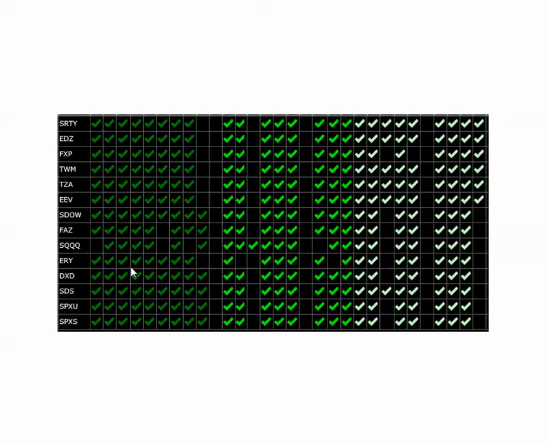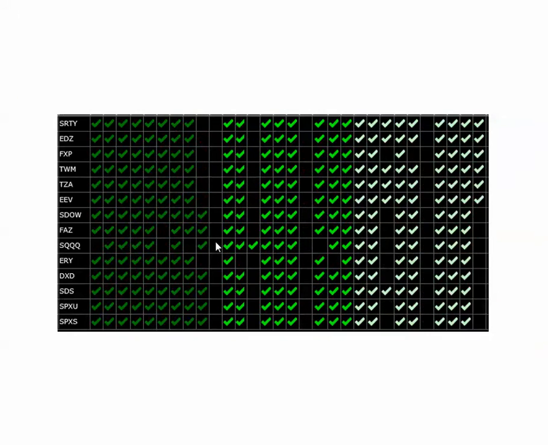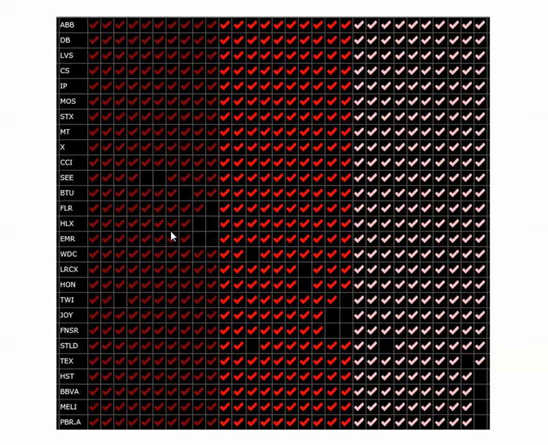That's the list of bullish ETFs, and some of those are like we had TNA before over here as the bearish version, and then we have TZA up here on the bullish version, so you can trade the TZA long or TNA short, either way. And then that's our list of bearish stocks. That's just the top 24 or so bearish stocks that are in the market right now, and it's a pretty bearish list.